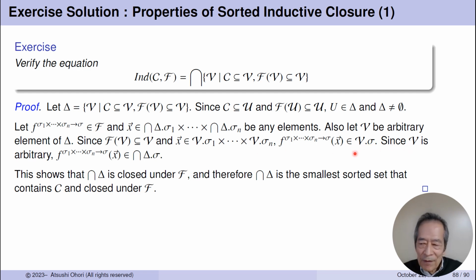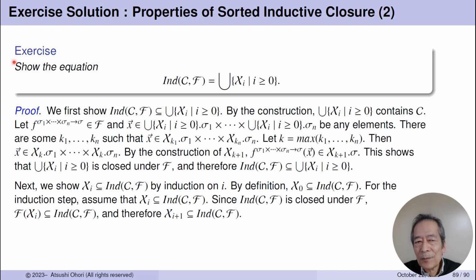Since V is arbitrary, this implies that this result is in the intersection, because this result is in every set V, so in the intersection. So this shows that this big intersection is closed under F, because this is the smallest set. Therefore, this equation holds. This is exactly the same as the standard definition of inductive closure.